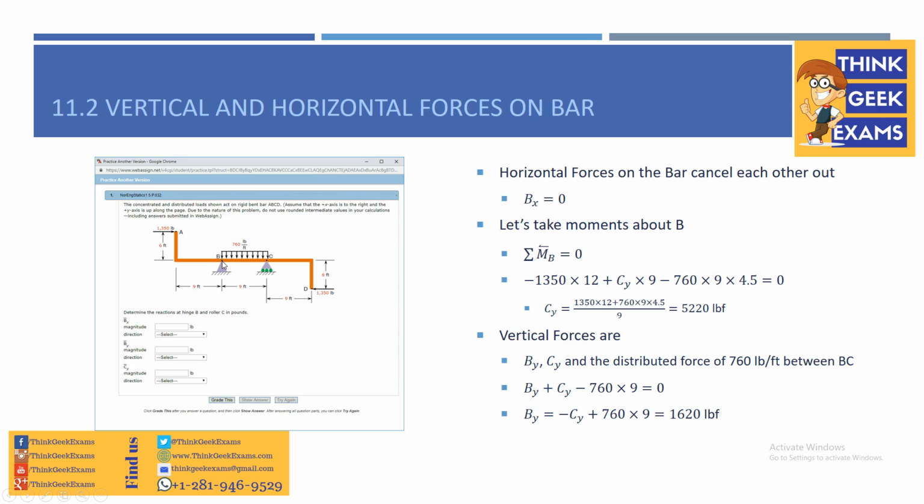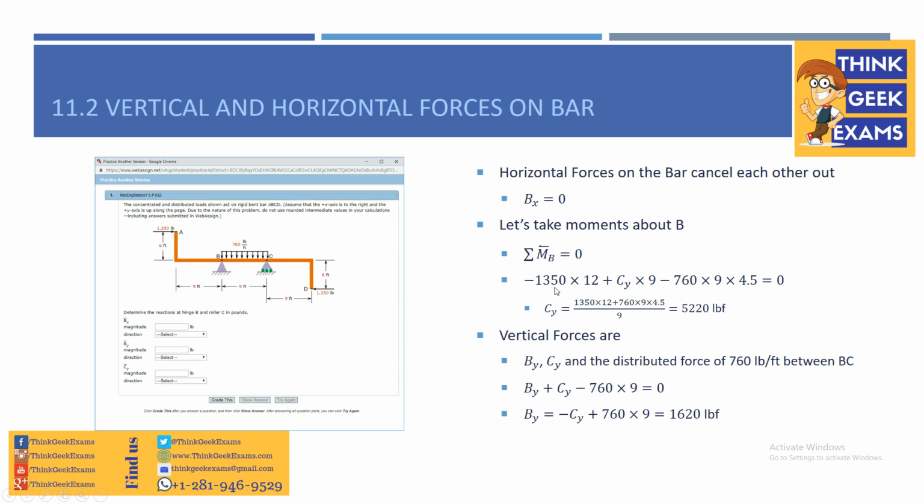So if we take moments about this point, the first couple that we look at is the big one, which is the force being applied at A and D, which are in opposite direction. So it's a couple, and the distance between the forces is 12 feet. And the couple is acting in the clockwise direction, so it's negative.